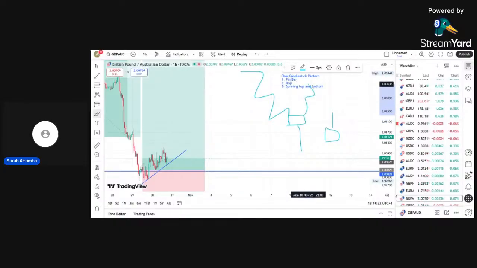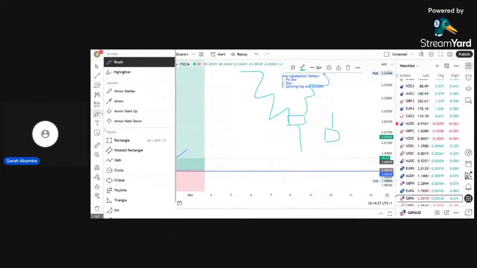The market will change to become an uptrend. You understand? So this is how it works. When you see something like this, what you do is to place a buy order.